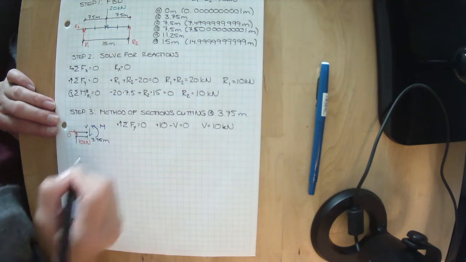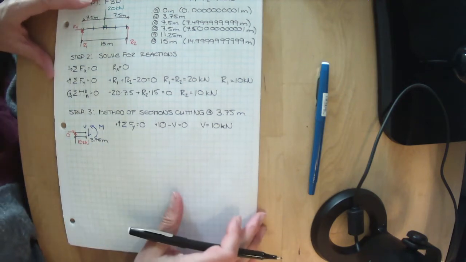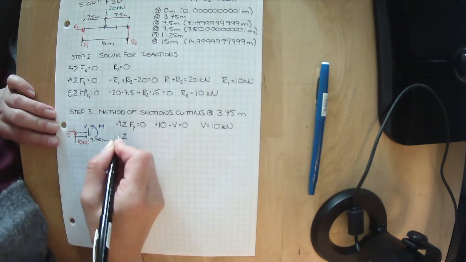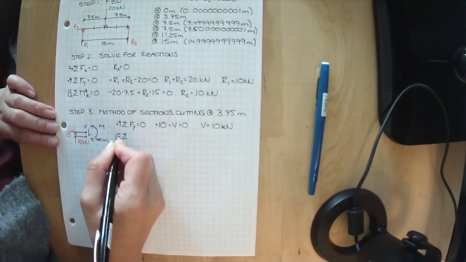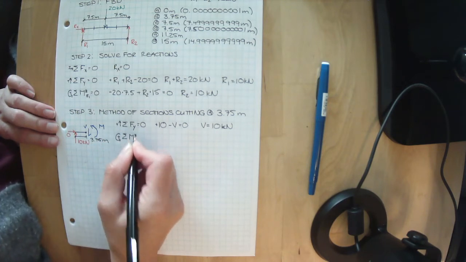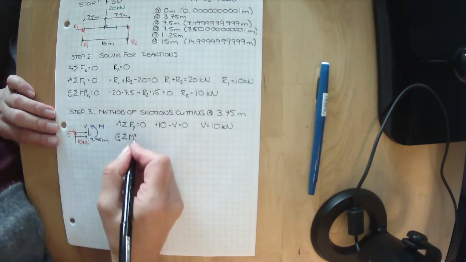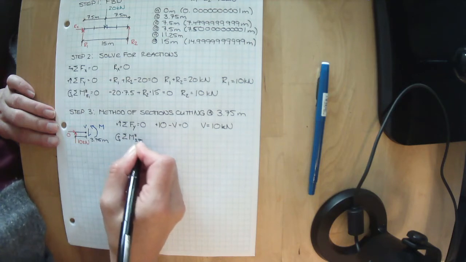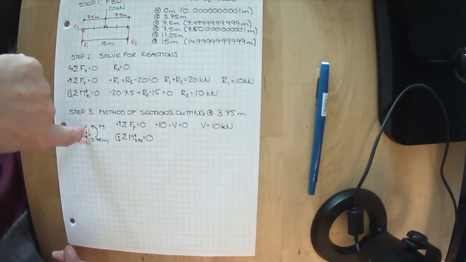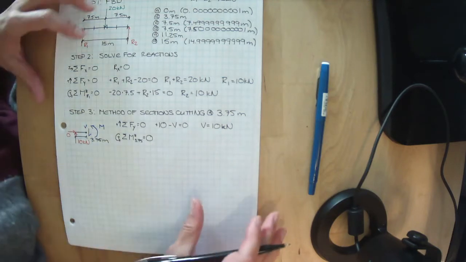And I'm going to pick the point where I've made my cut as the point to spin about. Remember, I can pick any point I want. I'm going to spin it in the positive direction, or everything in that direction is positive, and I'm spinning about the z-axis. I'm going to pick the point 3.75 meters. So this is where I'm putting my imaginary thumbtack, at the spot I made my cut.